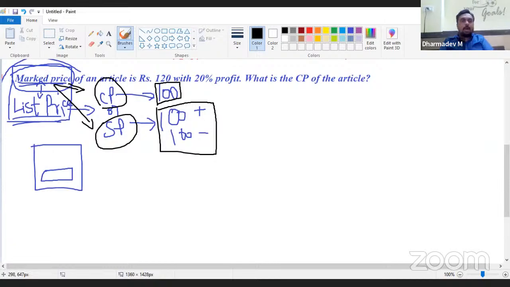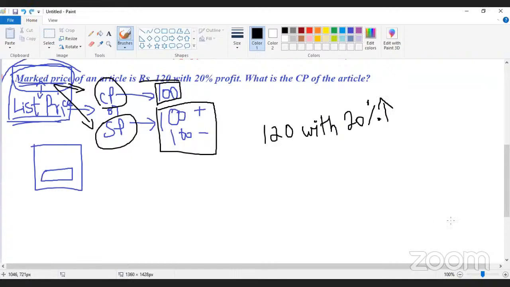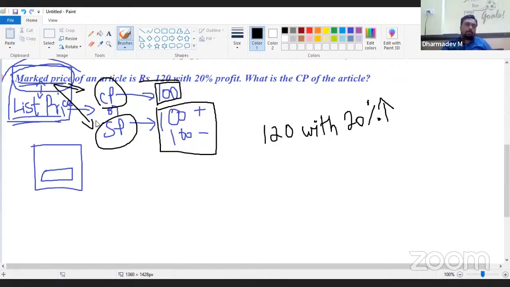So mark price of an article is 120 with 20% profit. Then this 120 is how many percentage? $120 is with 20% profit.